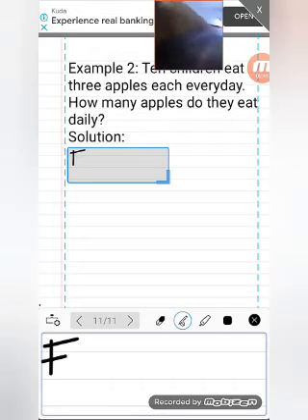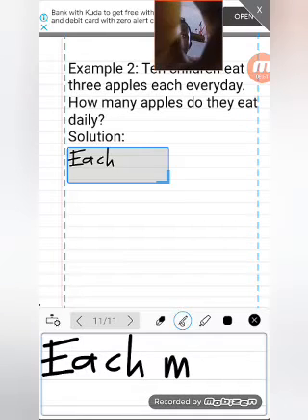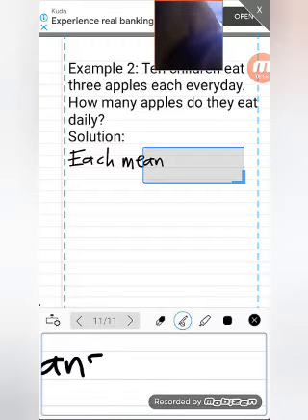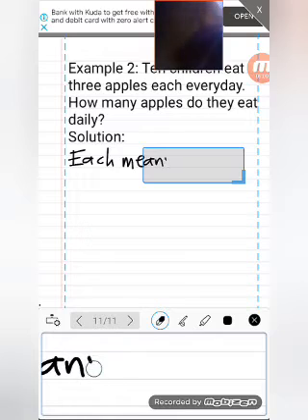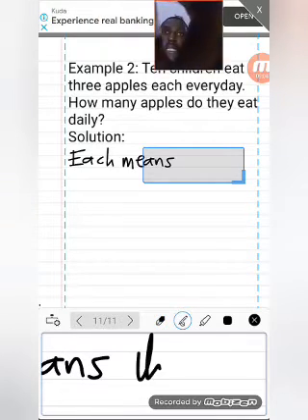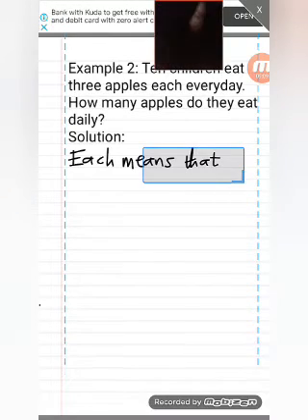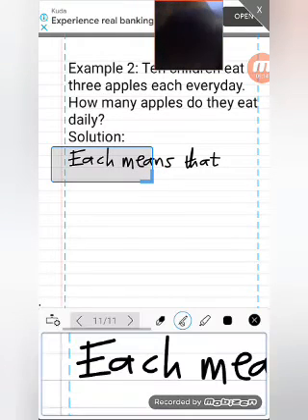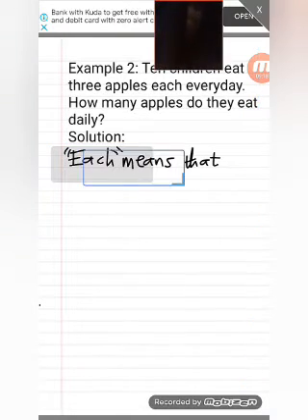Each means that, let me put this in quotes as it is written, because it's mentioned in the passage.